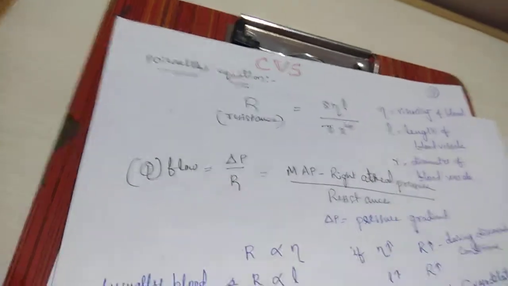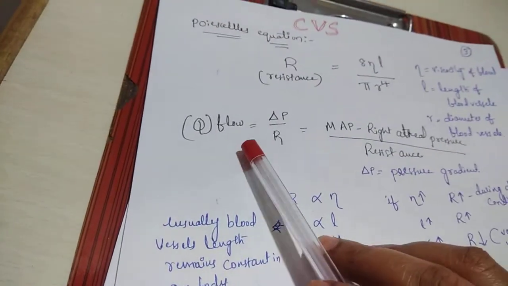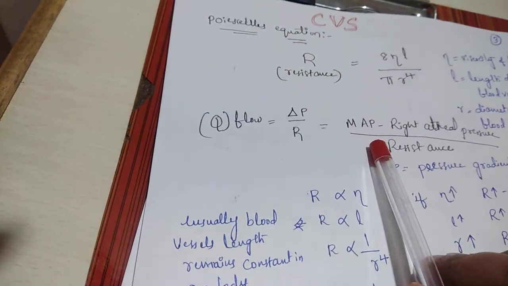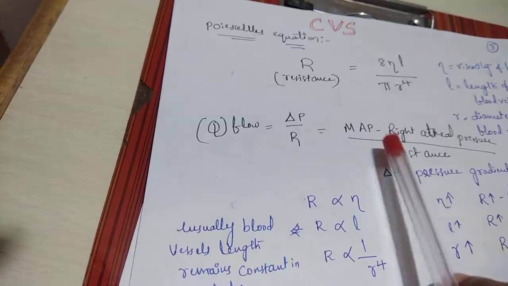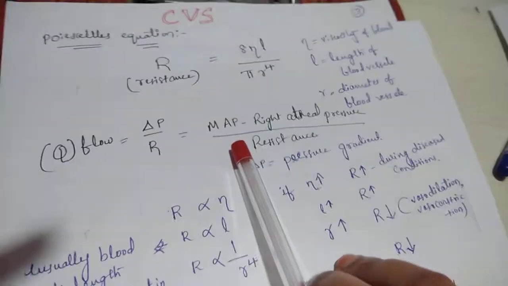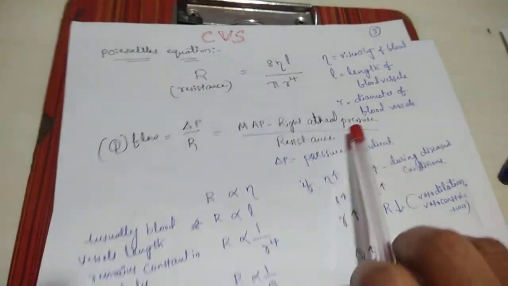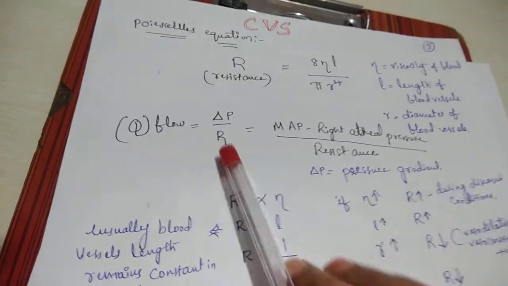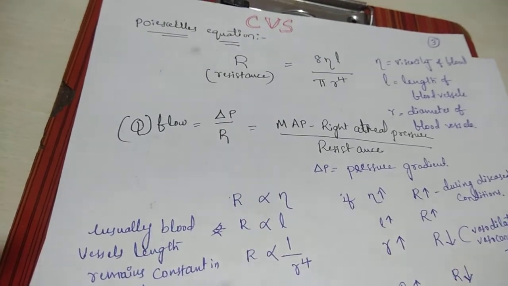And flow Q equals ΔP by R. ΔP is nothing but mean arterial pressure minus right atrial pressure, divided by resistance. So here ΔP is nothing but the pressure gradient.